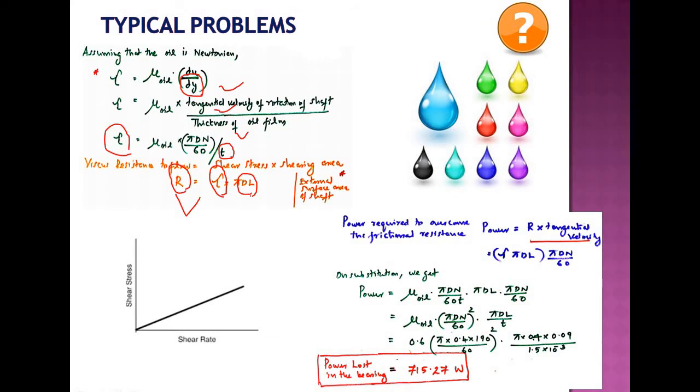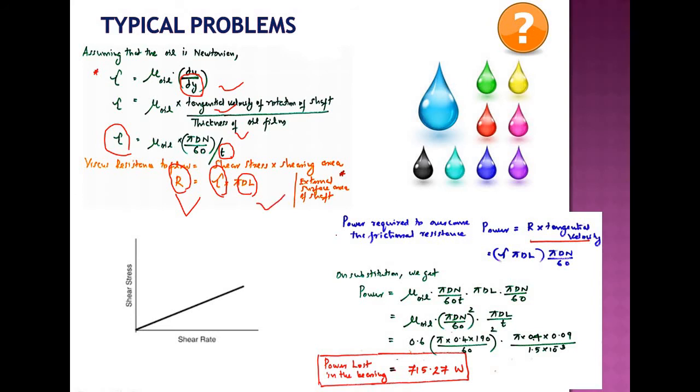The oil is sticking to the external surface of the journal of diameter d and length l. So what is the exterior shearing area? Pi dl or 2 pi rl. So R will be tau into pi dl. So instead of tau, you can write mu of oil into pi dn by 60t multiplied by pi dl.